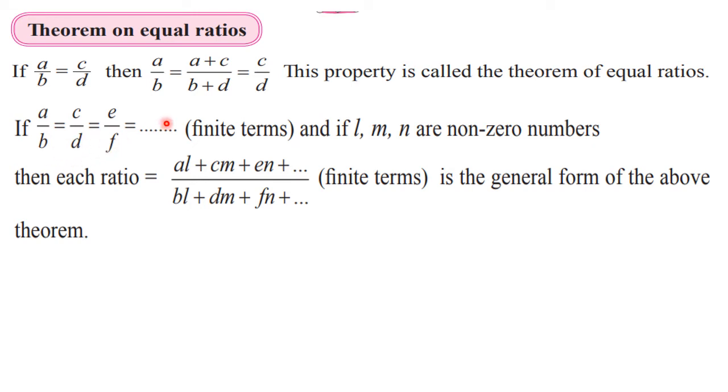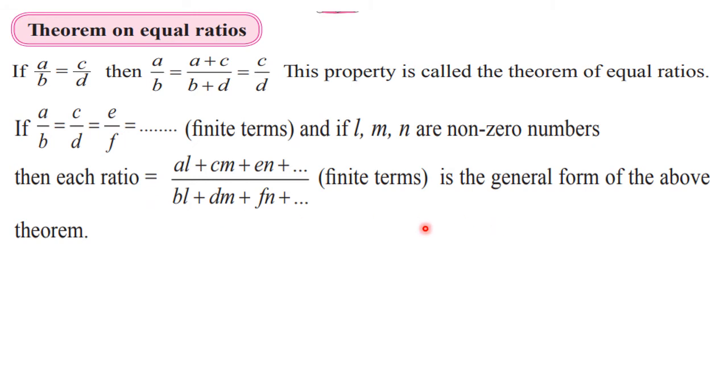And here in the first one, we have simply added the numerators in numerator and denominators in denominator. But even if we multiply both terms of the ratios by the same number, like see here, A upon B is multiplied by L, C upon D is multiplied by M, and E upon F is multiplied by N. So here we can multiply both the terms of the ratio by the same number, and afterwards also we can add, then also this theorem is applicable here.